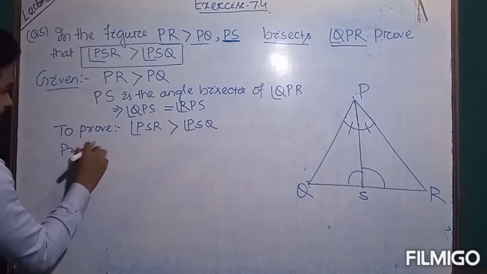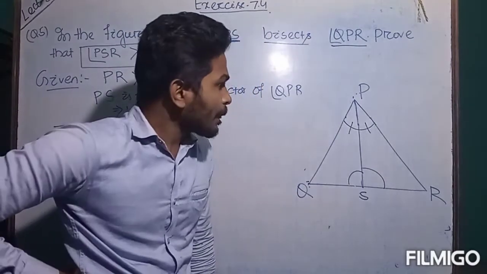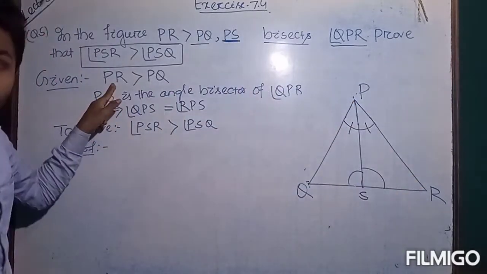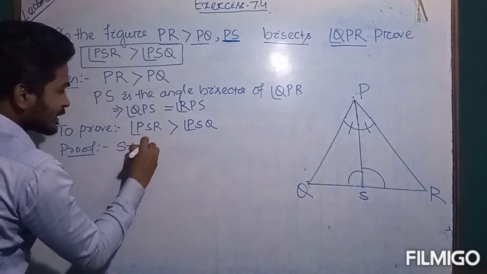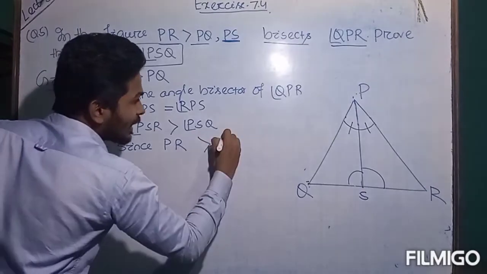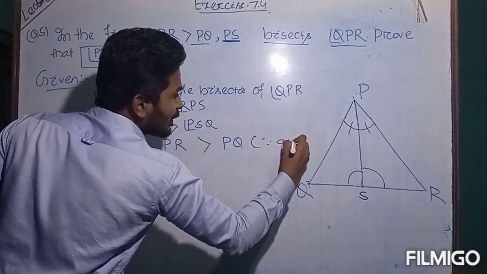Let us discuss. Since it is given that PR side is greater than PQ side, isn't it? Since PR is greater than PQ side. It is given.